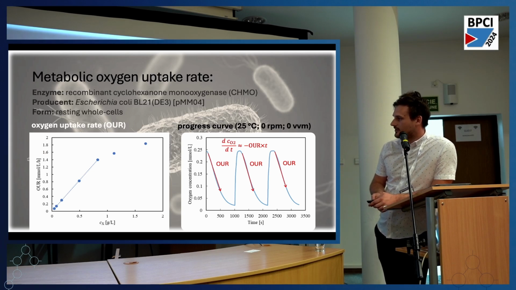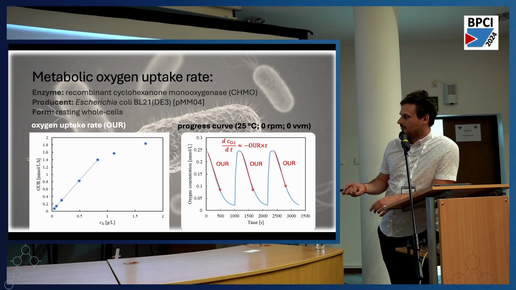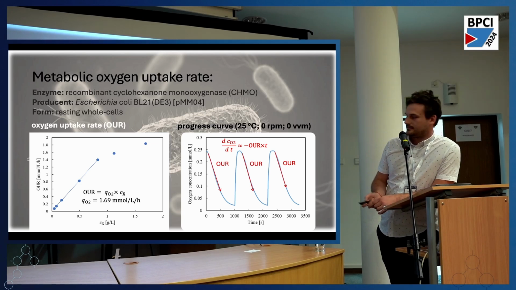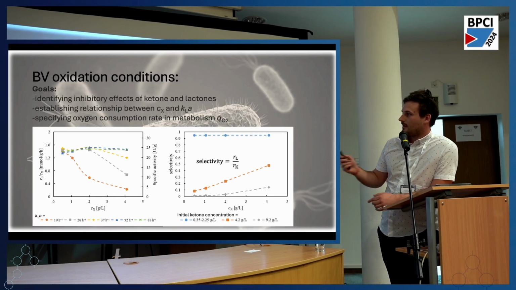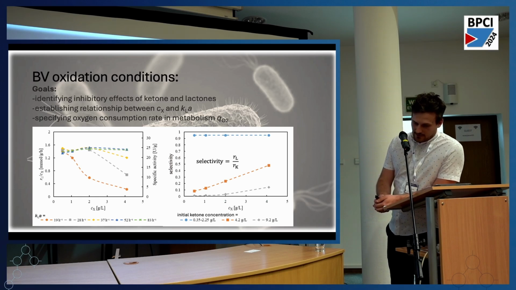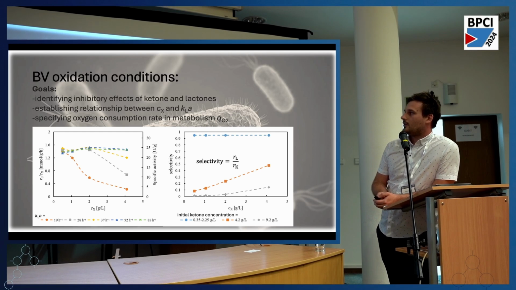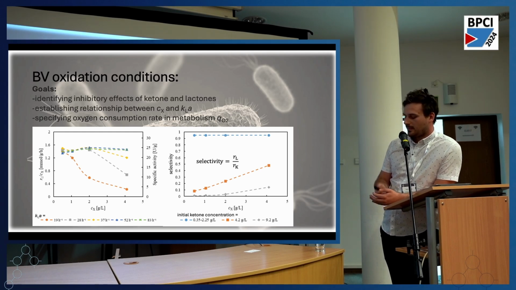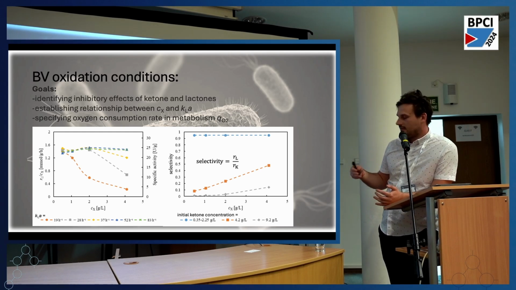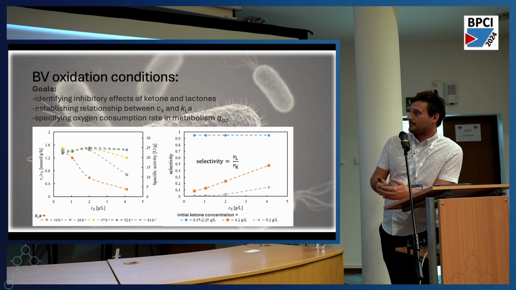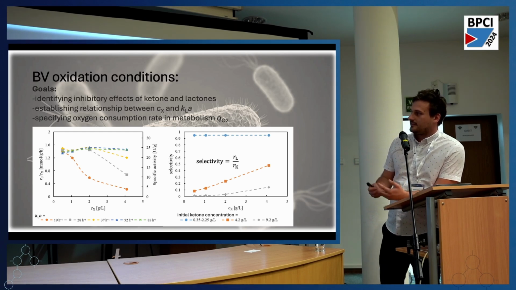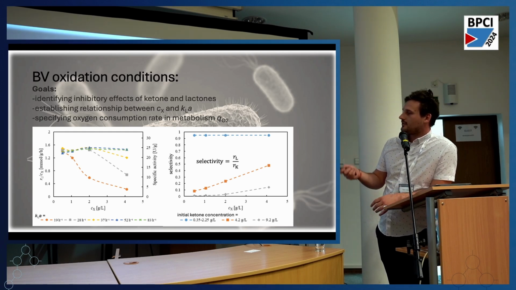This was conducted for various concentrations of the biocatalyst, where the specific oxygen uptake rate in metabolism was evaluated. Furthermore, the oxygen demand in metabolism is already known, so now we can talk about the role of oxygen in the reaction, which opens up the possibilities of BV oxidation reaction condition optimization.